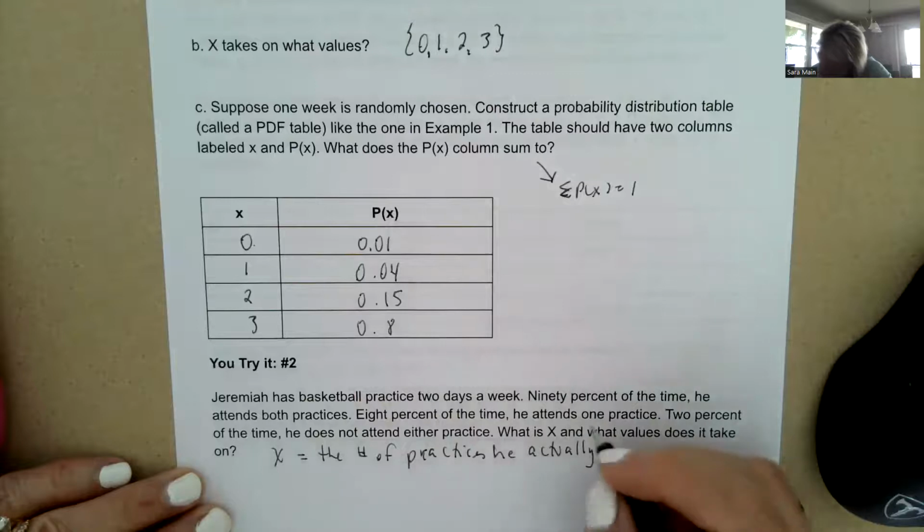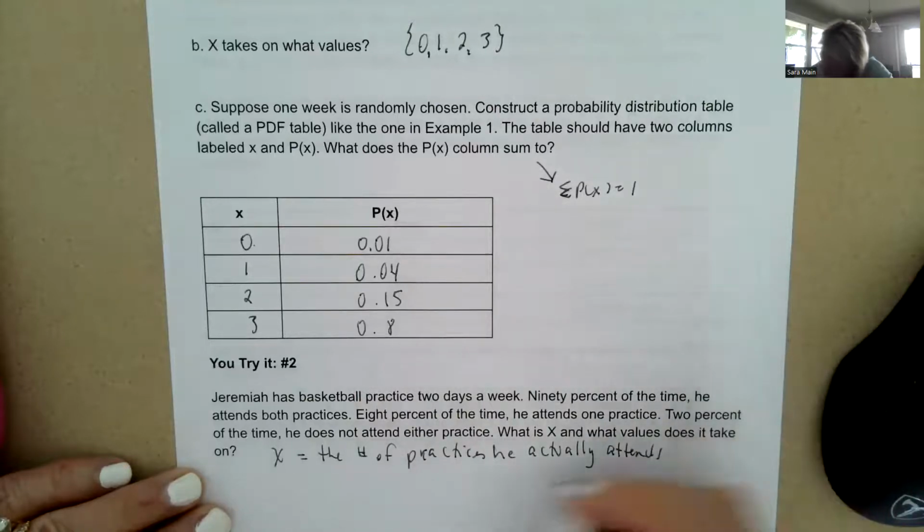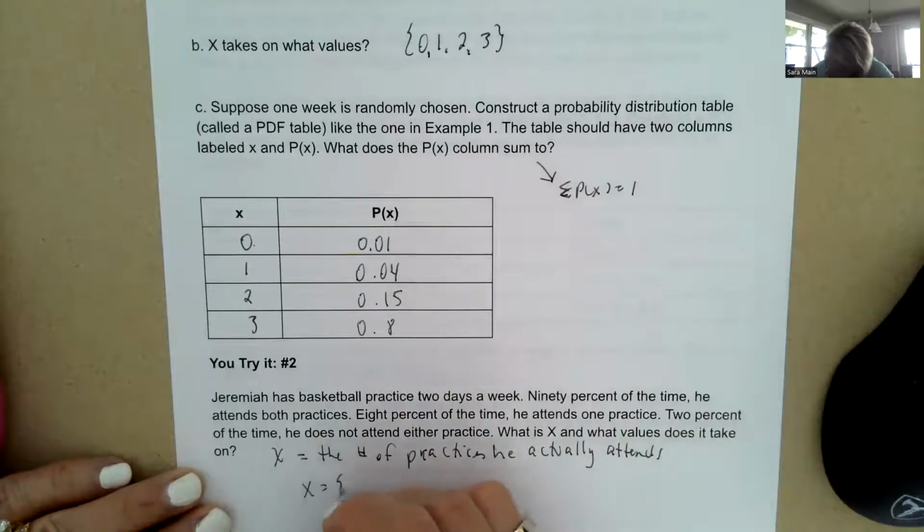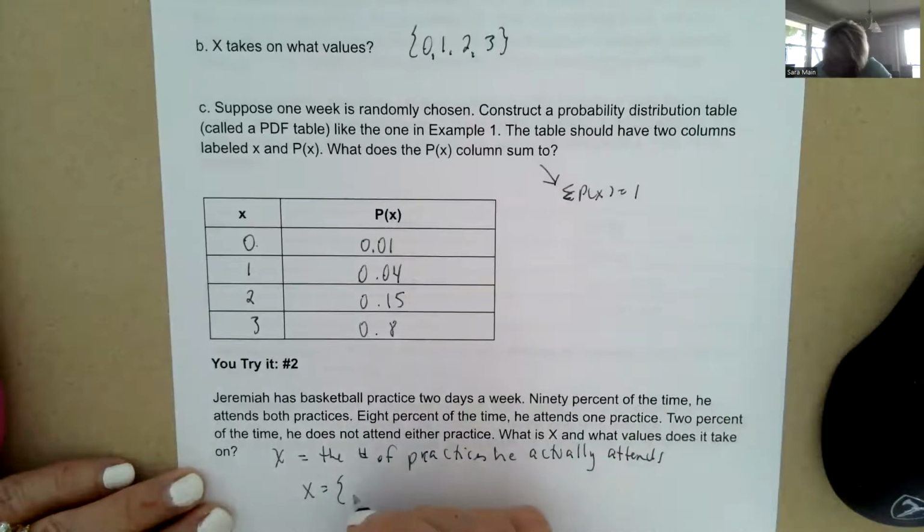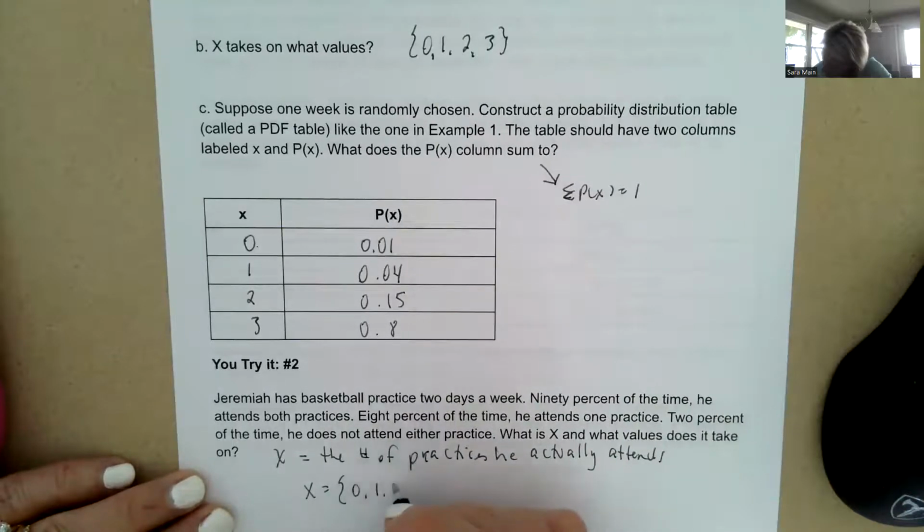Just because there's practice doesn't mean he's attending. And X could be, and then because we're listing values, we always put them in the squiggly brackets, he could attend no practices, 1 practice, or both practices.